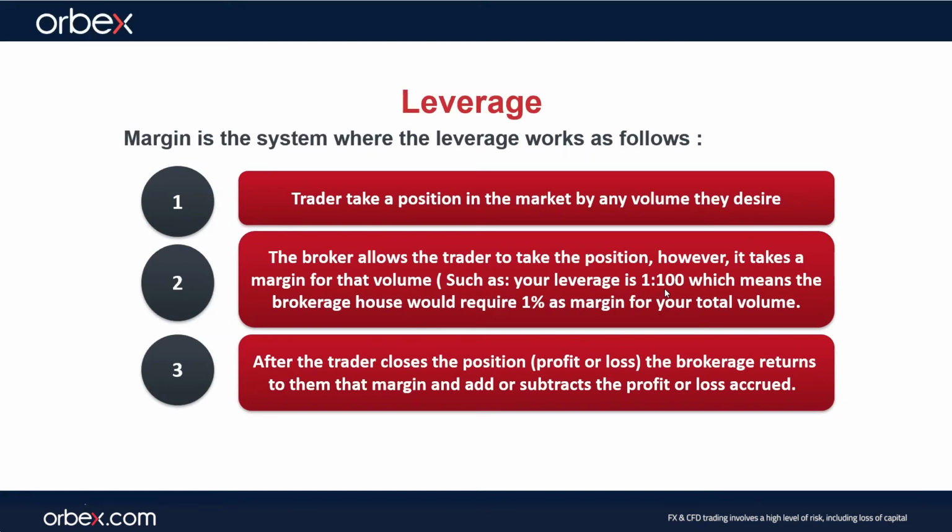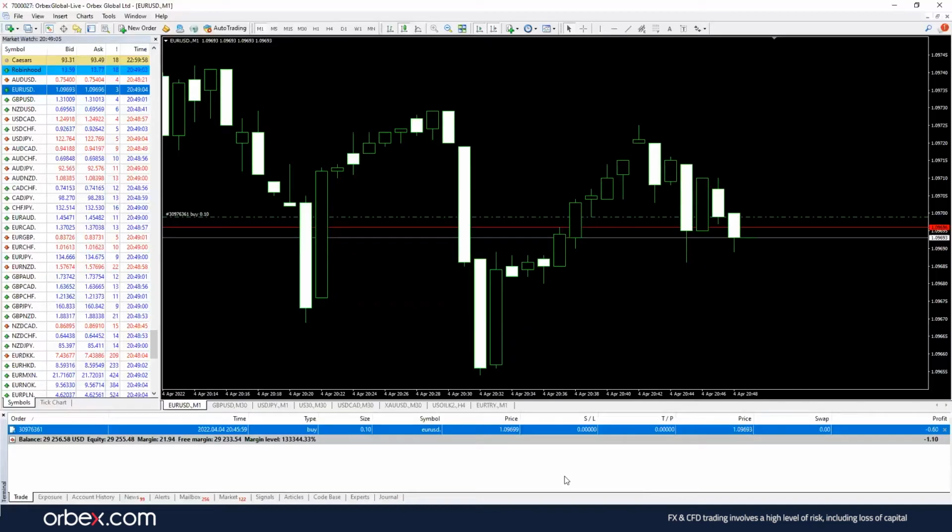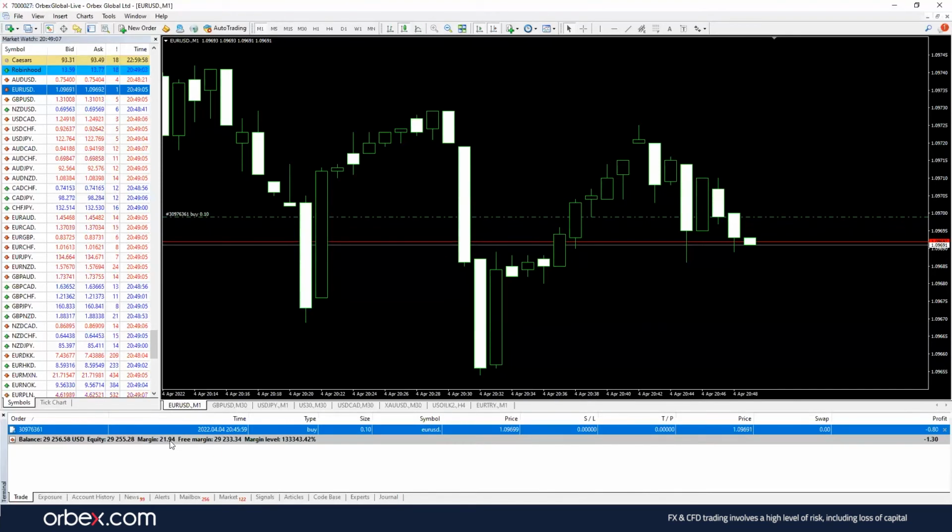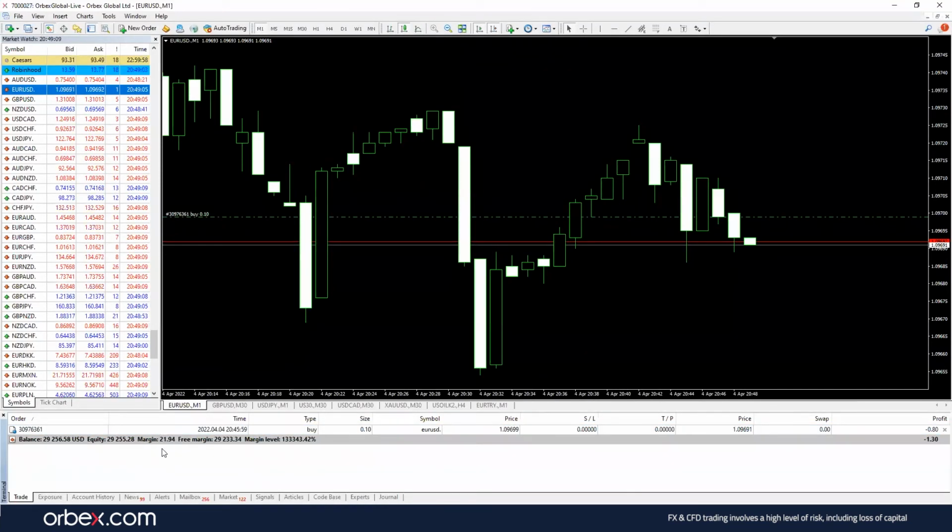If we give 1 to 100 leverage, it means we need 1% margin for the total volume. After the trader closes the position, profit or loss, the broker returns that margin to them and adds or subtracts the profits or losses. Just bear in mind that this is not a fee from the broker or Orbex. This is a requirement that you need in order to open the trade.